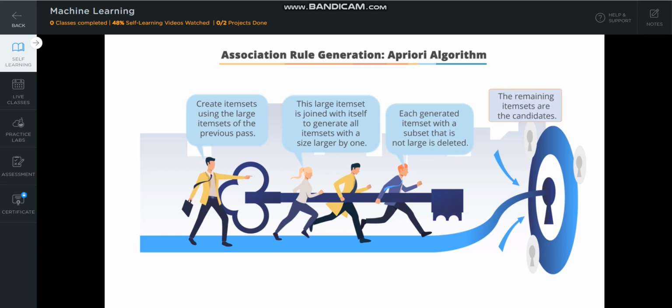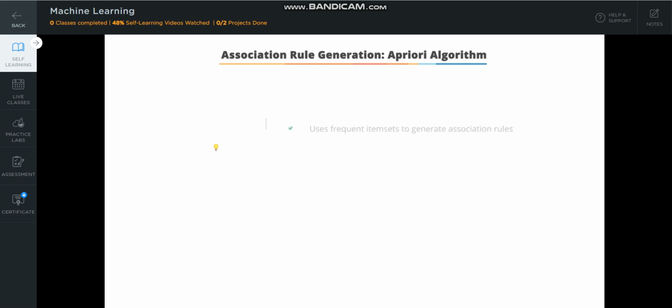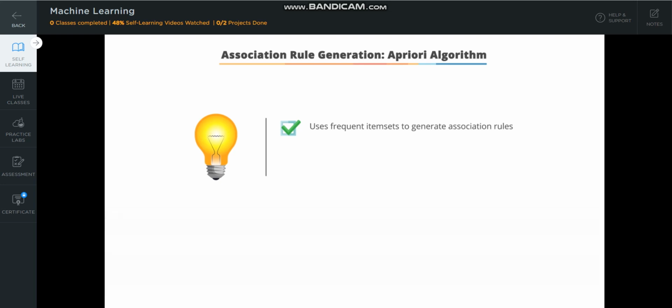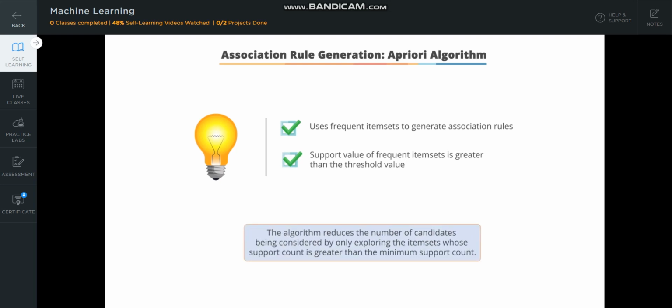The remaining item sets are the candidates. It uses frequent item sets to generate association rules. A frequent item set is a set of items whose support value is greater than the threshold value. With this approach, the algorithm reduces the number of candidates being considered by only exploring the item sets whose support count is greater than the minimum support count.